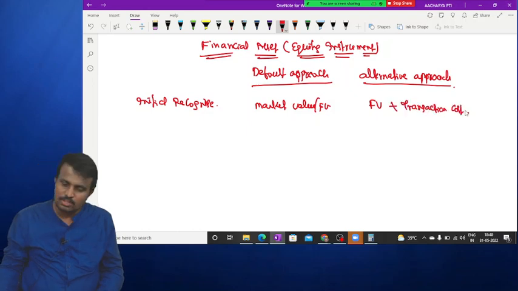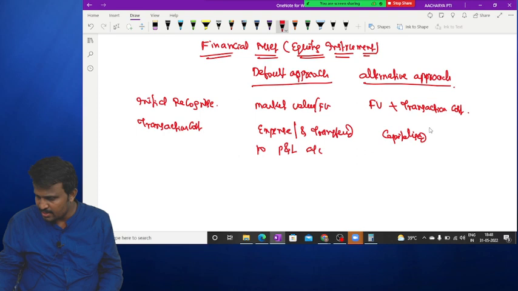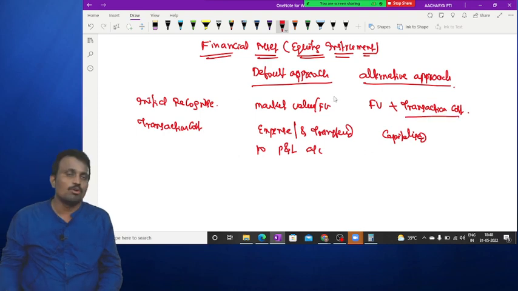Coming to the transaction cost adjustment, here it was treated as an expense and transferred to profit and loss account. But here that amount is capitalized and is added to the cost of the respective investment. Clear?